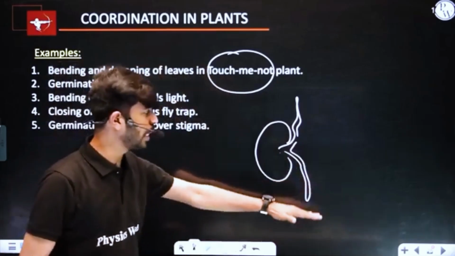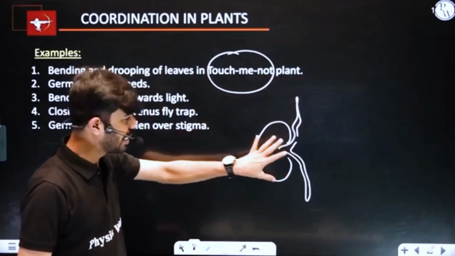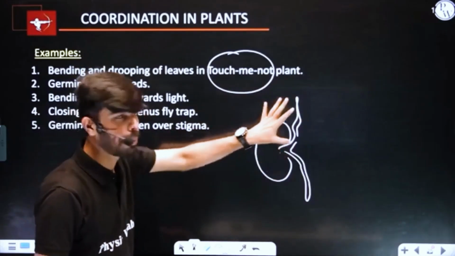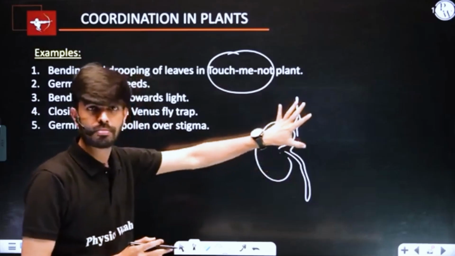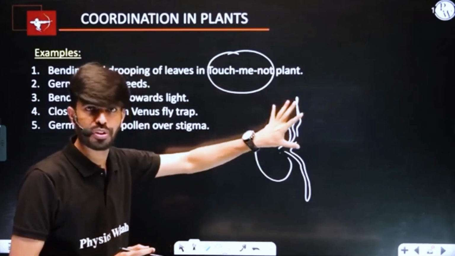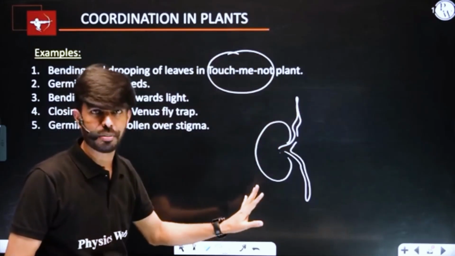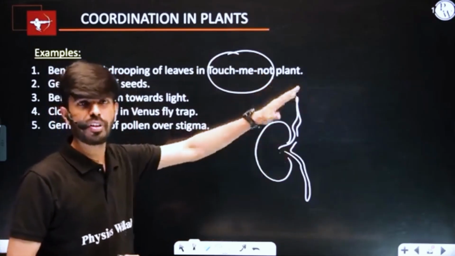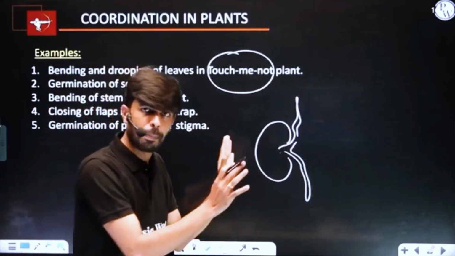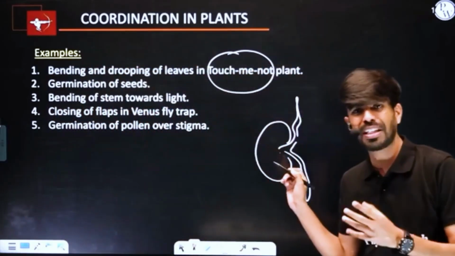Radicle means root, and plumule means shoot system. That germination is growth dependent, in the sense that growth is happening there. They are showing responses towards the light, towards the soil, towards the water, or it may be away from the light, away from the soil, away from gravity. Anyhow, plants are showing responses, like the seed is also showing a response by germinating.